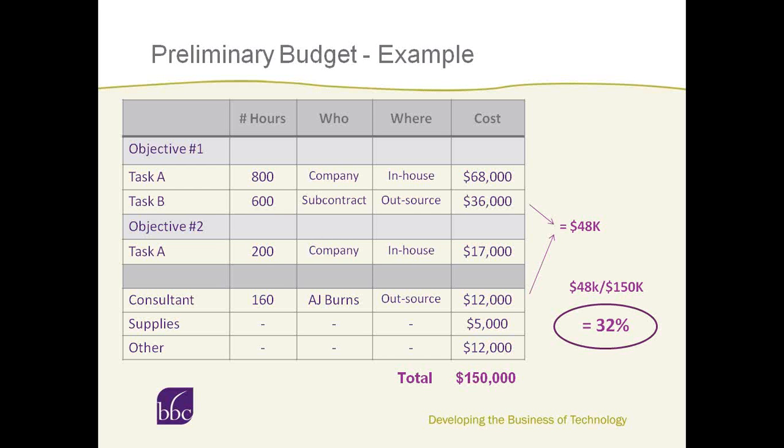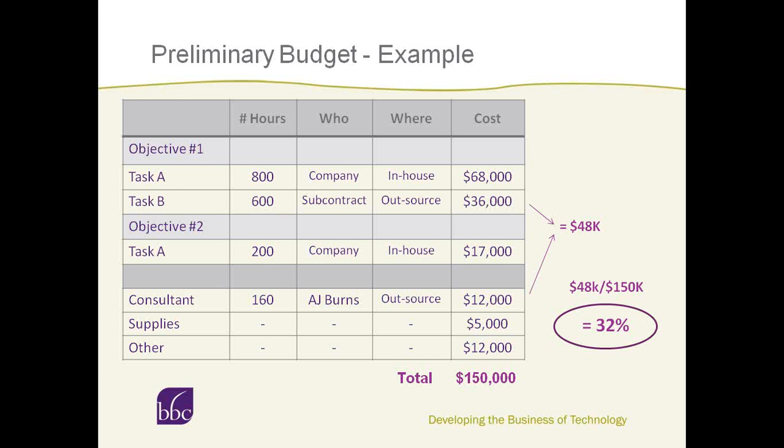Now, if this was 40% instead of 32, now we have several choices. We have to do something, right? So we can go back to our subcontractor and our consultant and try to renegotiate rates, or maybe we have to restructure. Maybe we have to bring some of the tasks inside the company, right? Reduce the amount of work that the subcontractor is going to do, and hire a part-timer within the company to do it.